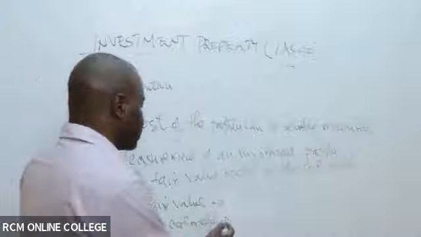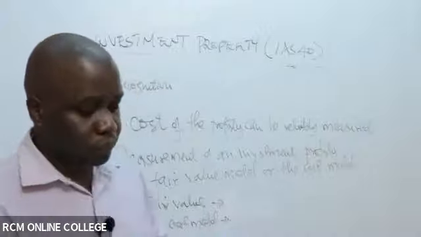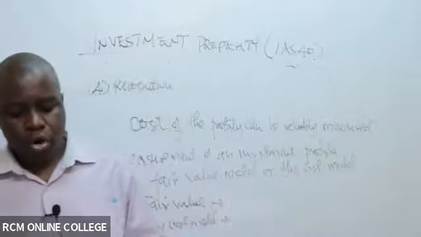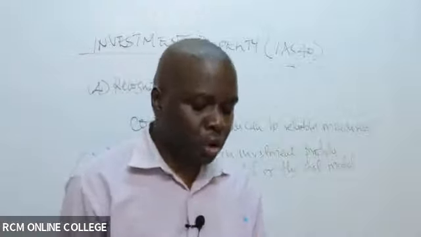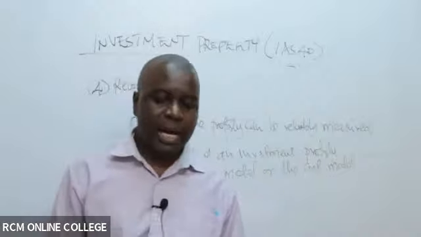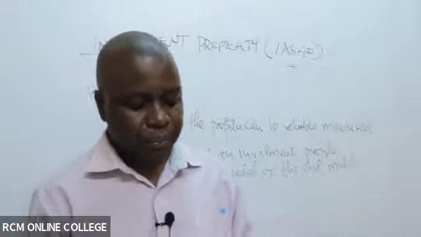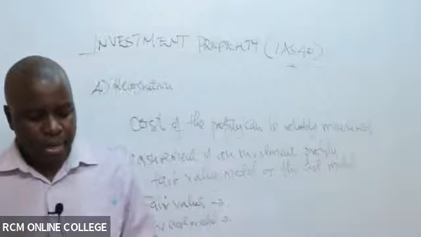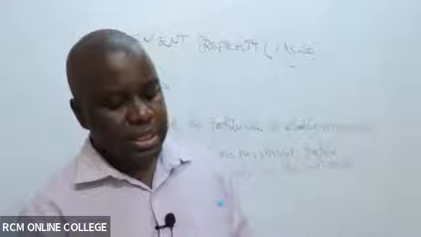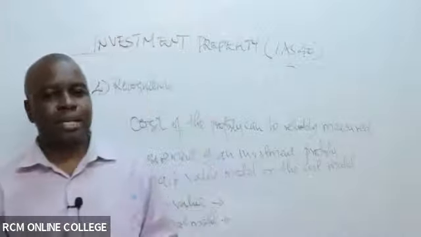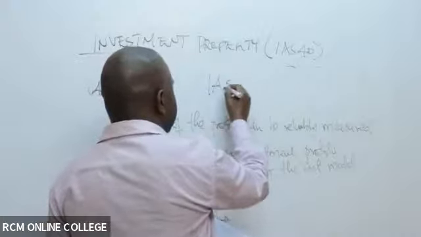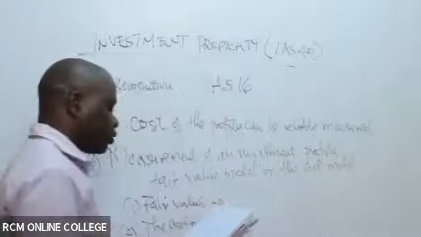You can put a semicolon and say, after initial recognition, investment property will be accounted as per IAS 16, International Accounting Standard number 16.